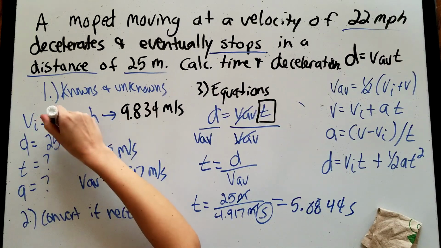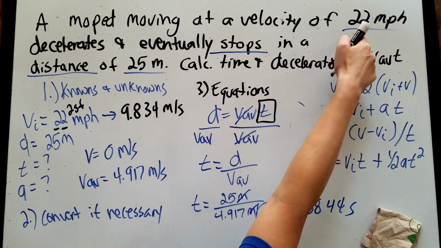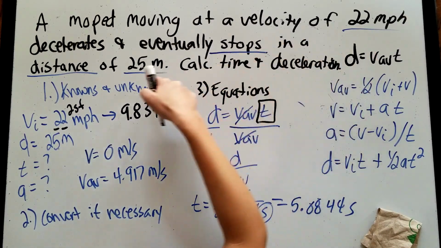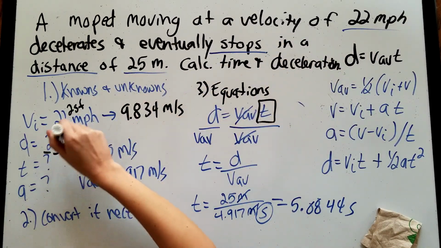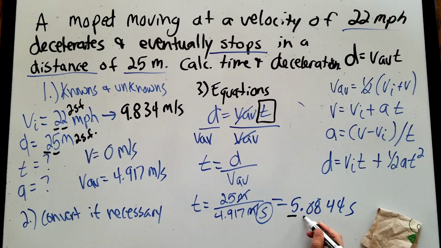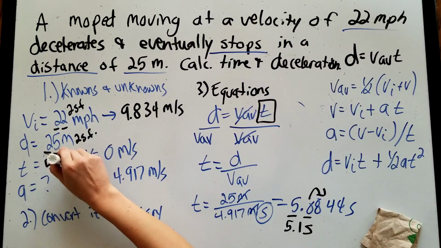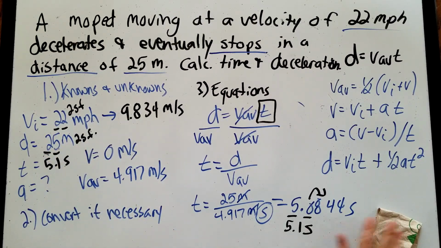So I have in my initial velocity 2 sig figs because that's one of our original numbers. My other original number, distance, also has 2 sig figs. So that means I just want 2 sig figs in my answer. So it's going to be 5.1 seconds. So it took 5.1 seconds for that moped to come to a stop.